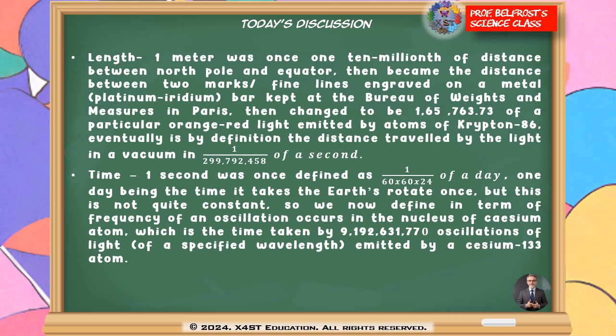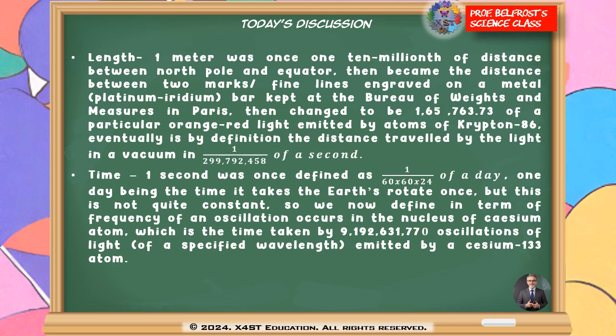And eventually, the definition now widely accepted is that one meter is the distance traveled by light in vacuum in 1 over 299,792,458 of a second. This is a very tiny, very minuscule number.